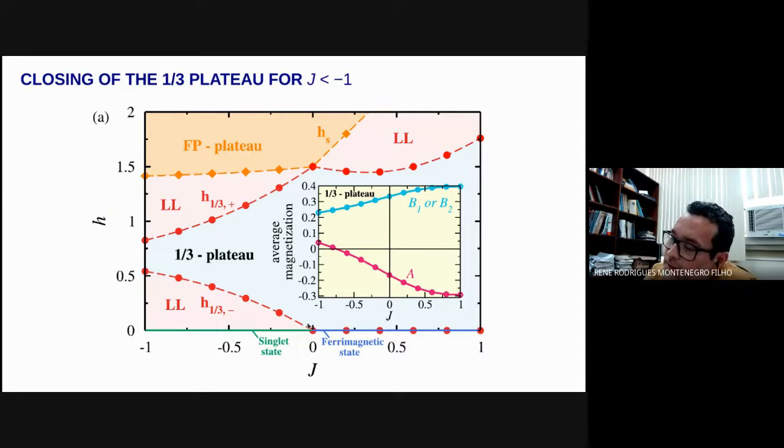But if we decrease the value of J in this negative range of values, the 1/3 plateau decreases. So, as asked by the referee, it is possible that this plateau closes at some point in the negative range of J.